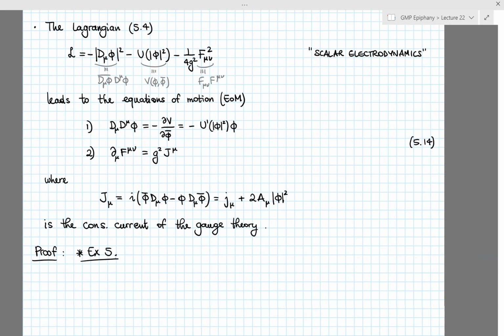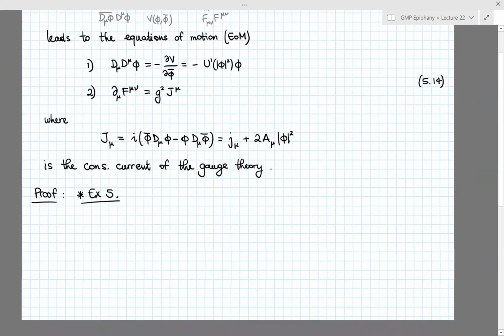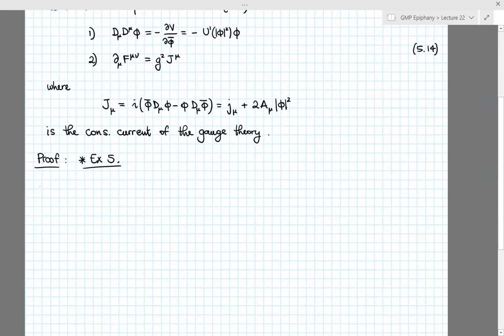Okay, let's think now about the equations of motion in 5.14 a little better. And in particular, let's consider what happens when we perform a gauge transformation. Under a U(1) gauge transformation (5.6), the equations of motion transform as follows.